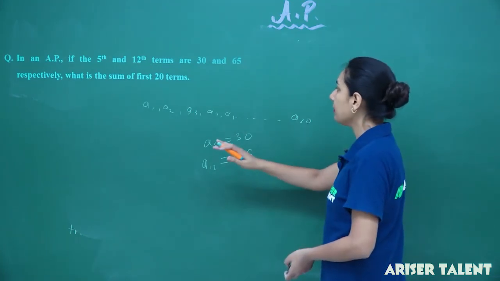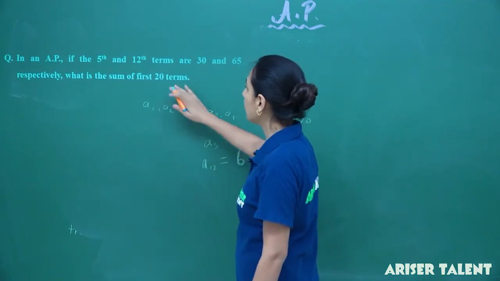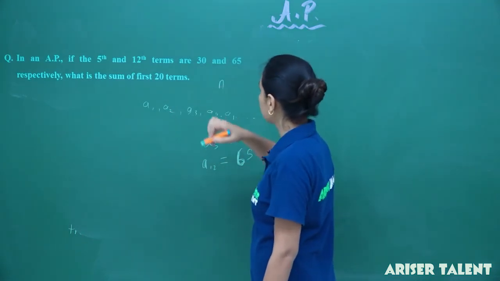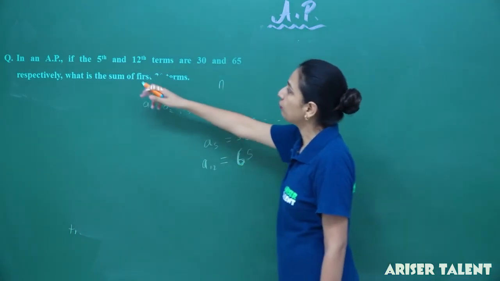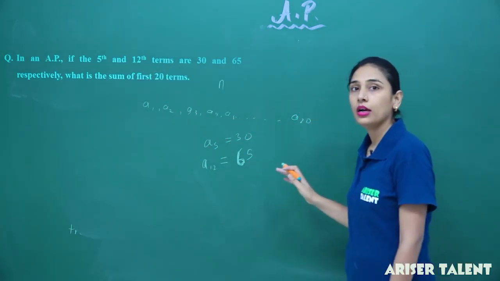We haven't been given A, D, or the last term. We have only been given the number of terms, and the 5th and 12th terms. So these are the things we have.